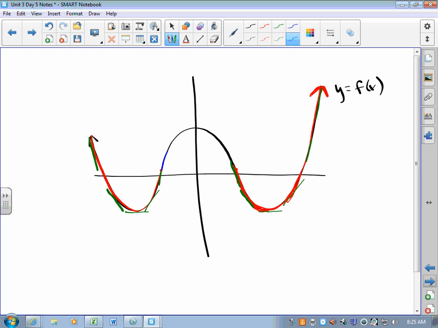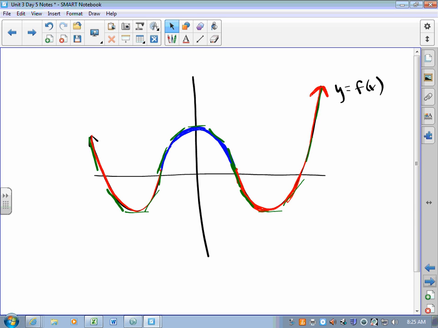By contrast, through this area in the middle, we have a concave down portion because we start with a large positive and then we go small positive and 0 and small negative and large negative. Those derivatives get smaller from left to right.